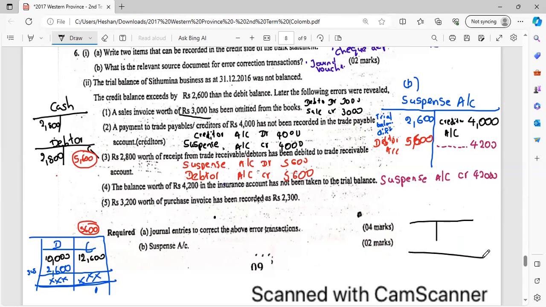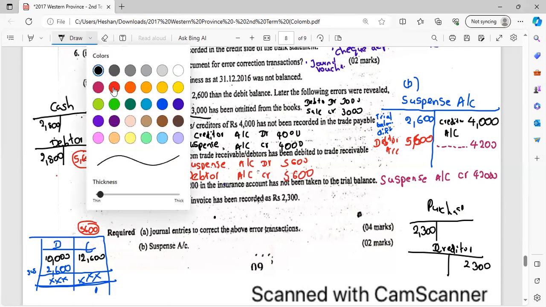You know, purchase account debit, right? Creditor account credit. Don't think. Creditor account credit. Purchase account debit, but recorded 2,300. But this is not the correct amount.